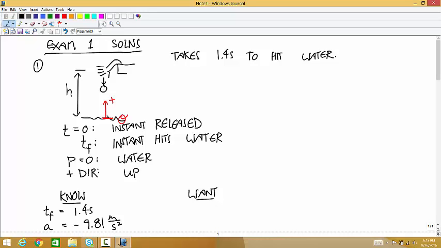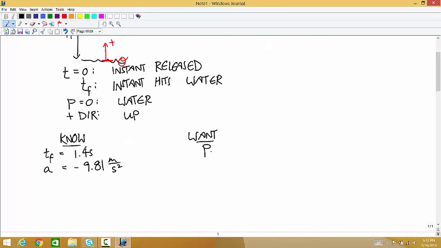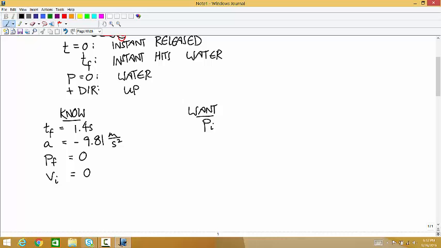We know that the final position is 0, so PF is equal to 0. At time equals 0, the object's being dropped from a bridge, which is stationary, so V initial is equal to 0. And V final, we don't know and we don't care.